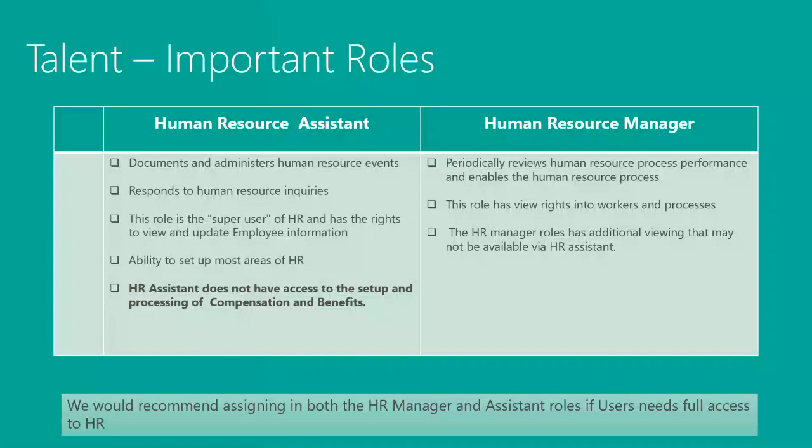If the user needs full access to HR, you need to assign these two roles. Otherwise, if your organization has separate user groups for HR assistant and HR manager, you might as well use these roles as two different roles, with users assigned to two different groups instead of combining them and assigning them to one user group.